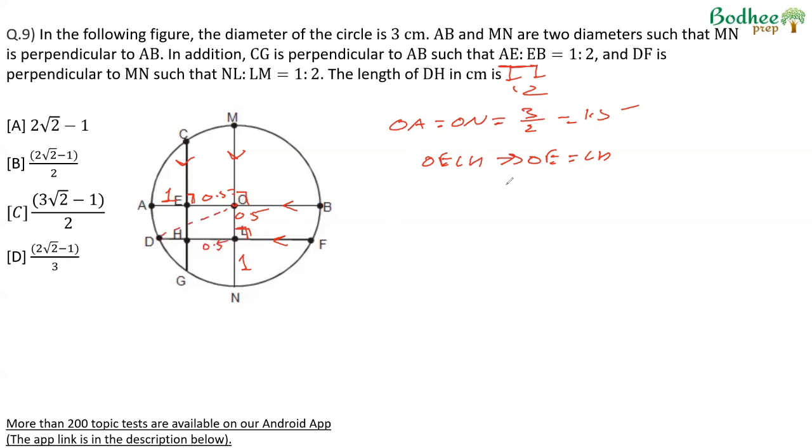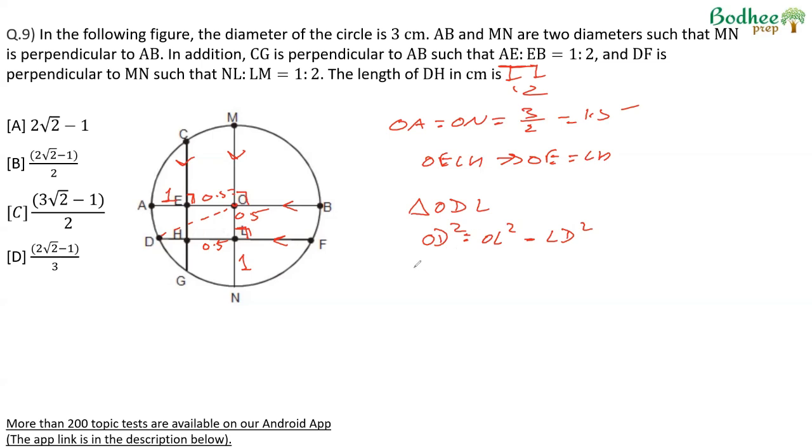Now I am joining OD. Now triangle ODL will be a right angle triangle with OD as the radius. So we can say OD square is equal to OL square plus LD square. The moment we get the length of LD, we can subtract LH from there to get the length of DH.